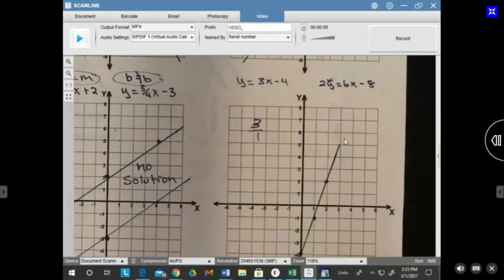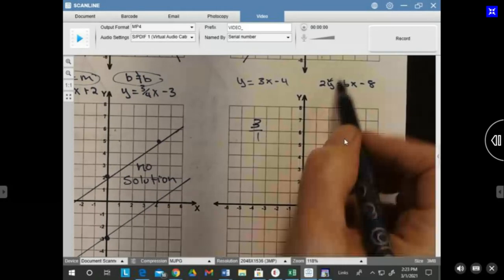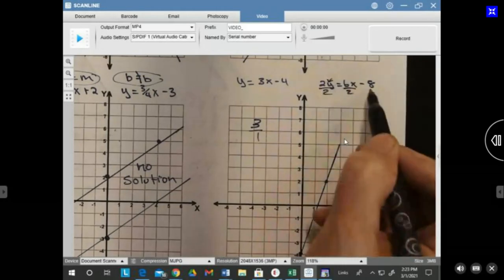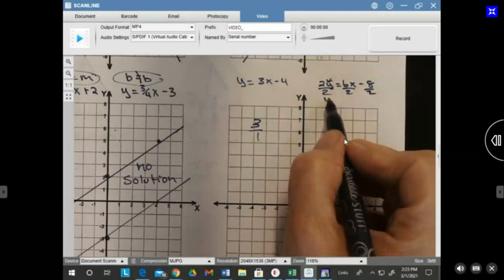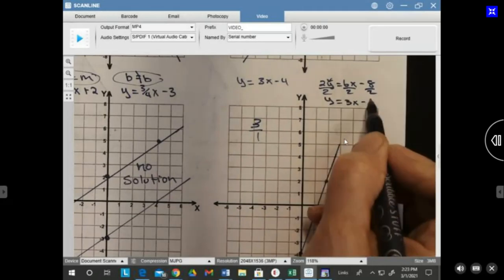What step do you need to do to get the y by itself? I need y by itself, so who needs to go? The 2. So I'm going to divide everybody by 2. Now I have y equals 3x minus 4. So you can just do it like that.